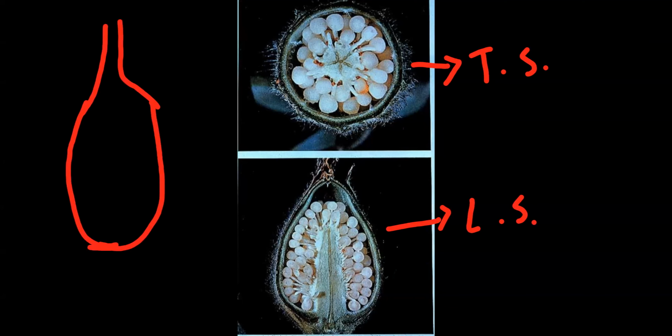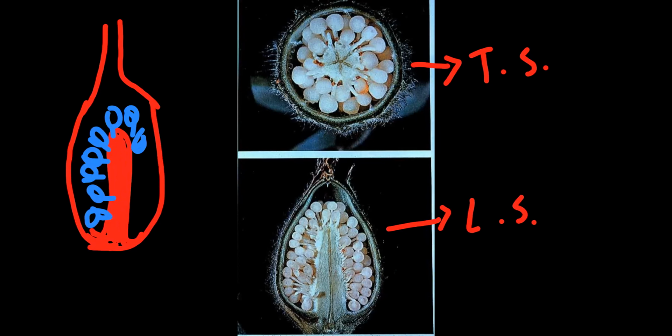So the base part of the ovary, not given in your textbook explanation, but understand, shows inward, upward growth. This upward growth now acts as a placenta, and on it the ovules are arranged on all sides.